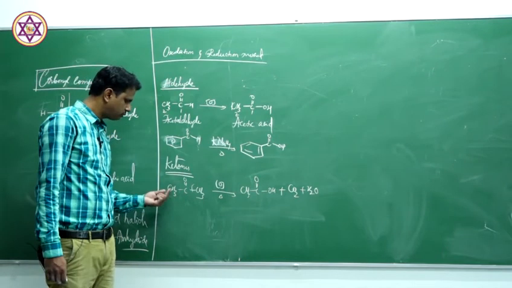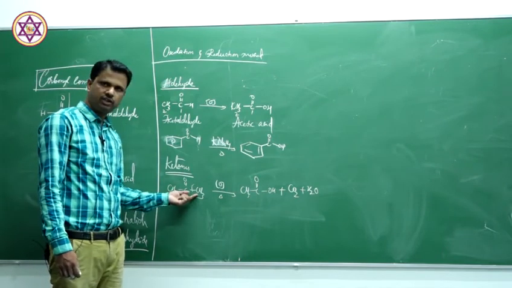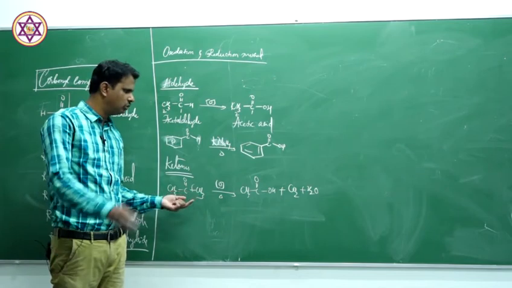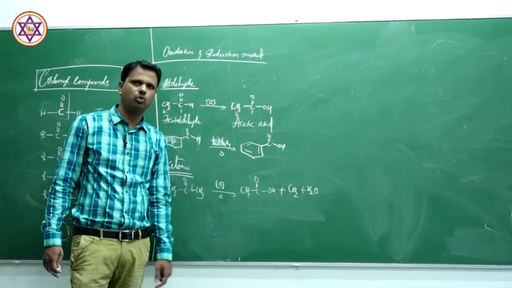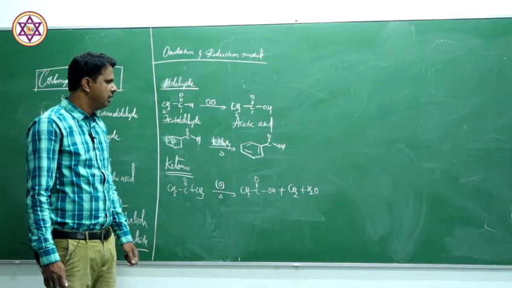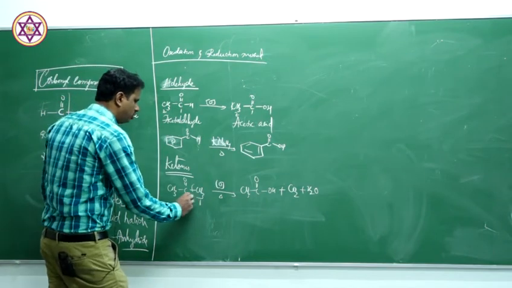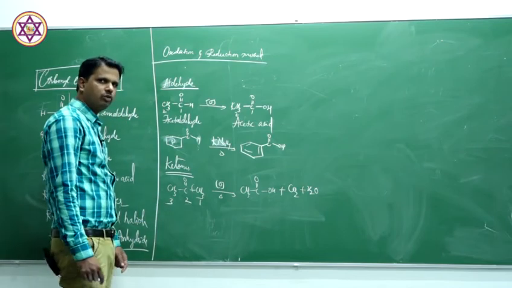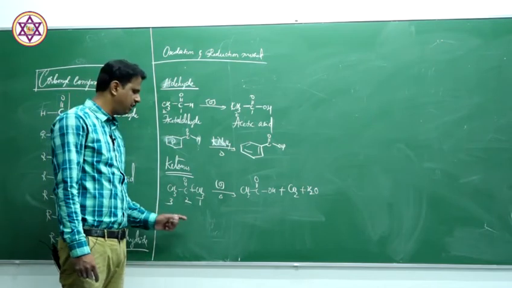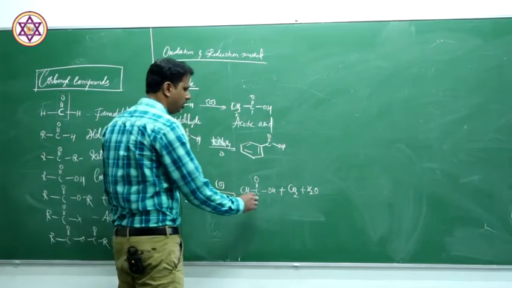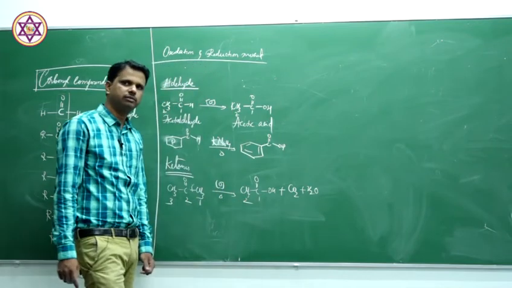You get acetic acid and formic acid. In the initial step, the formic acid once again oxidizes to form carbon dioxide and water. That is how the reaction goes. Now, if you carefully observe, here the ketone had 3 carbon atoms, but after the reaction, we got 2 carbon atoms.